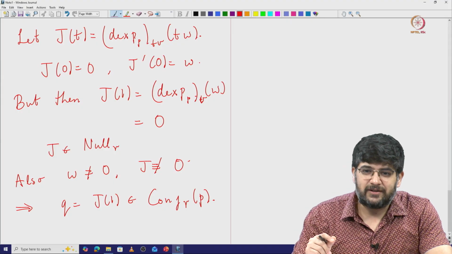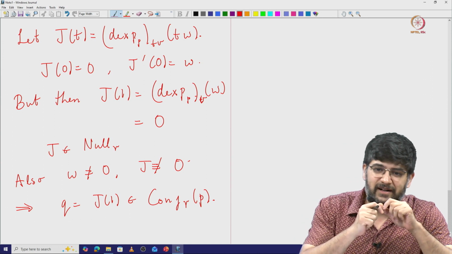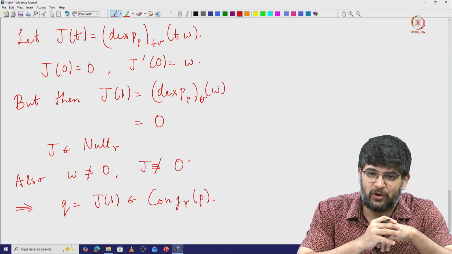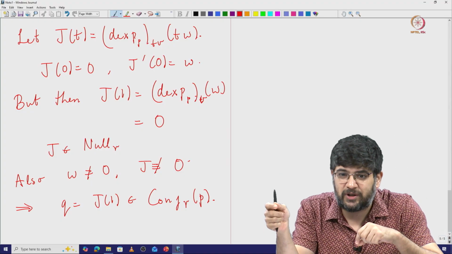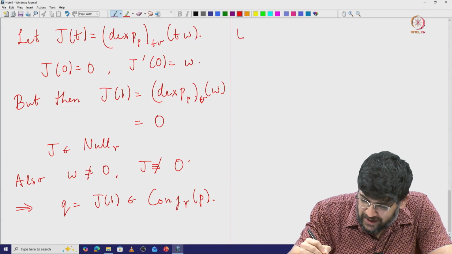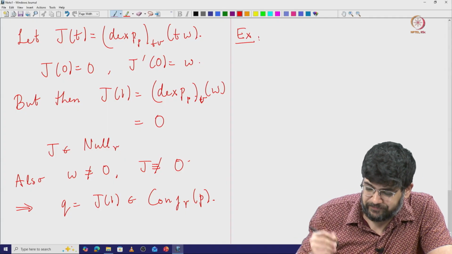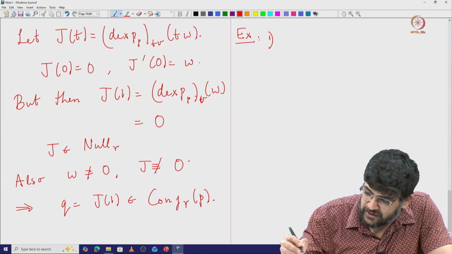Okay, so next I want to state a fundamental fact, and this is the reason why we are looking at conjugate points in the first place: geodesics stop minimizing beyond their first conjugate point. Before I do that, let me give you a couple of examples so that you get a feel for conjugate points.